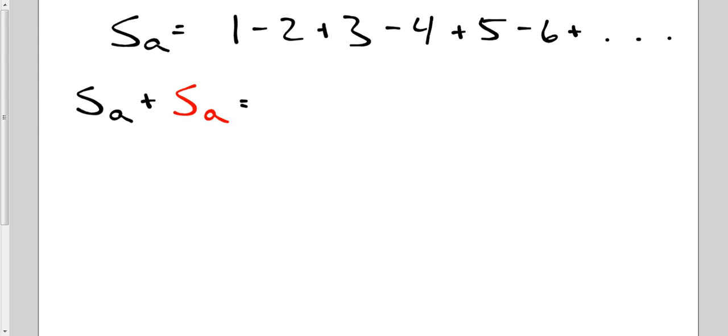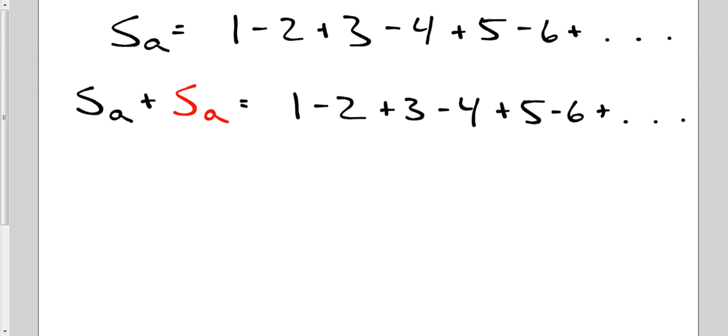And I'm going to do the same trick as I did with Grandi series. So I'm going to do 1 minus 2 plus 3 minus 4 plus 5 minus 6 plus dot, dot, dot. And then I'm going to do this in red. I'm going to do 1. Minus 2 plus 3 minus 4 plus 5 minus dot, dot, dot.